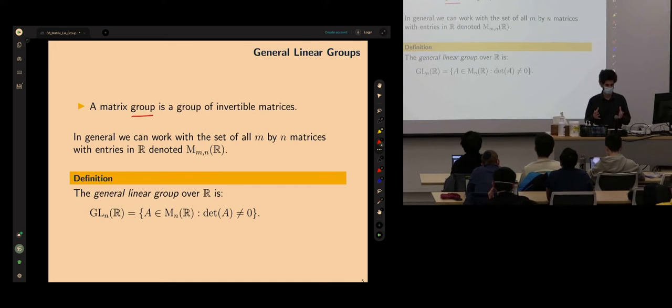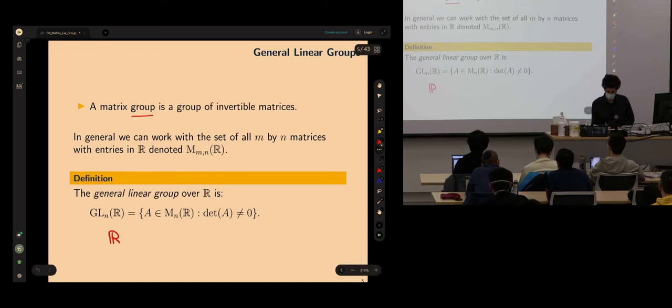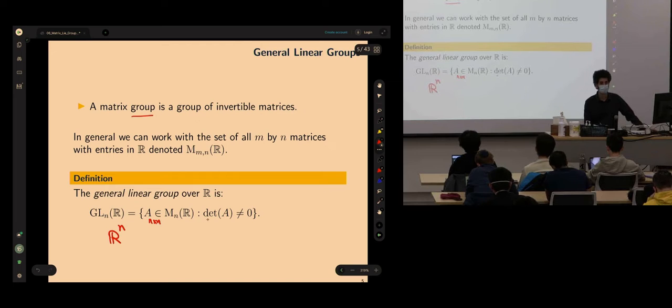Now, the inverse of a matrix is only defined for a square matrix. So by definition, for R^n, an n-dimensional group is going to be n by n matrices that are invertible. Its determinant is not 0.